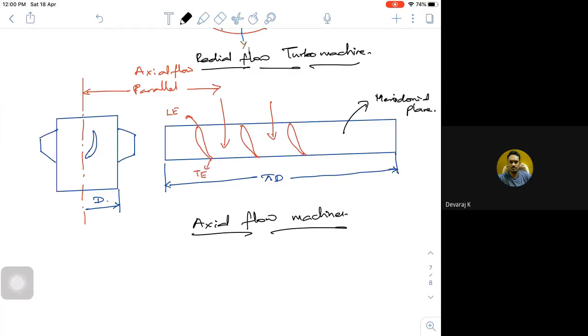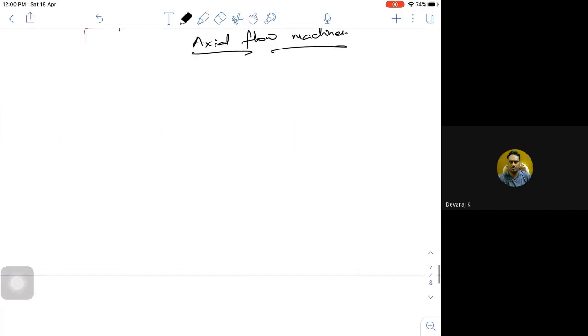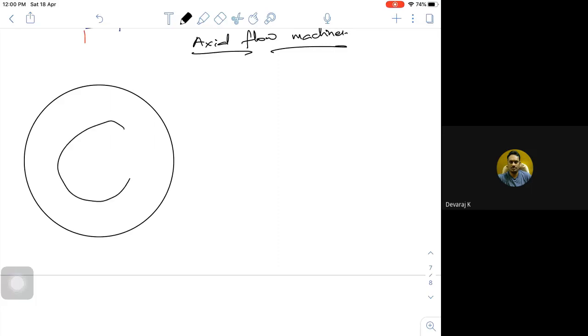In case of a radial flow machine, I will show that. So this is your tip. This is your hub. Okay. And I'm going to put only one blade.